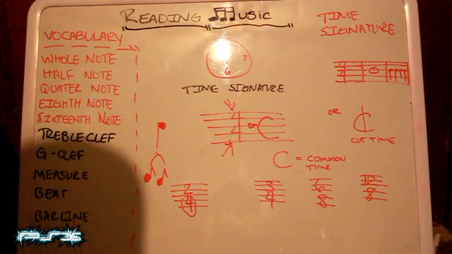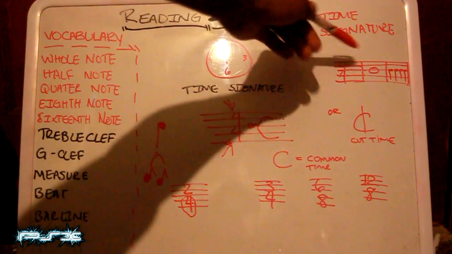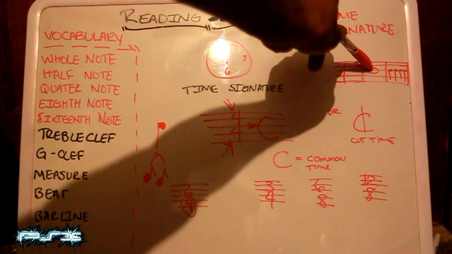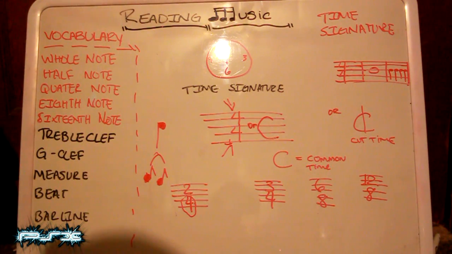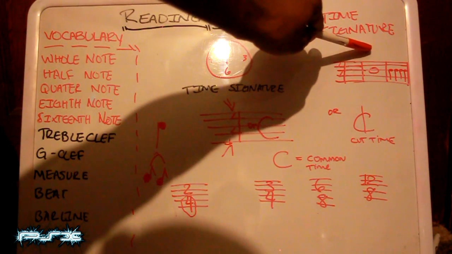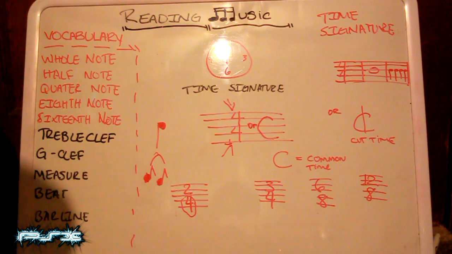So when you see it written down up here on your right, you have 1, 2, 3, 4, 2, 2, 3, 4. So basically, it would be played like that. That's pretty much it.